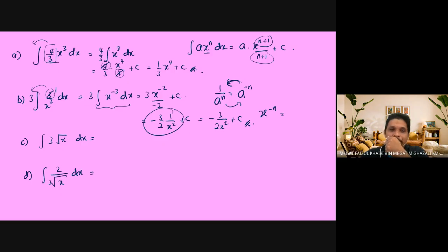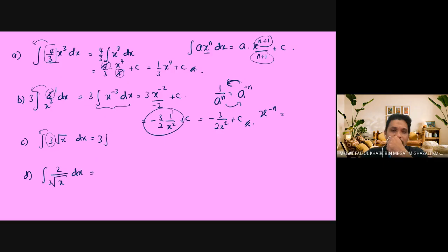Okay, what about this one here now? Square root of x means x to the power of 1 over 2. Does the 3 have anything to do with the process of integration? No, take it outside.